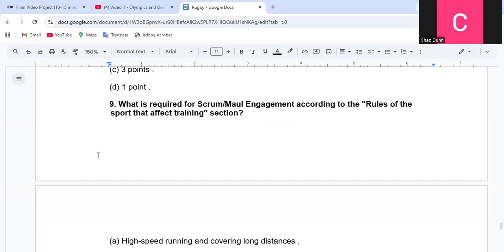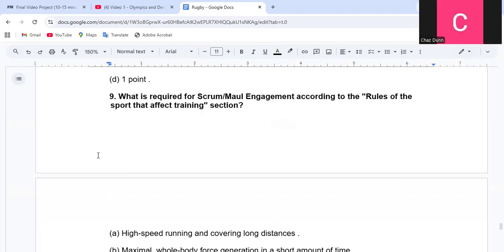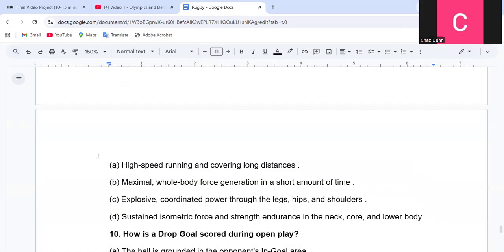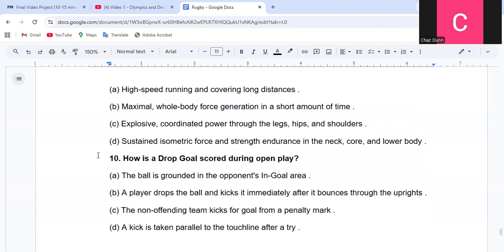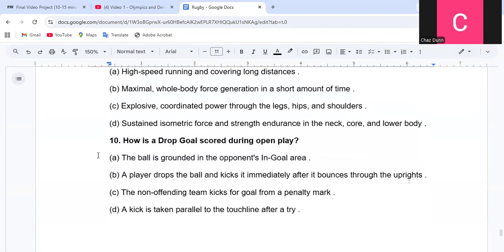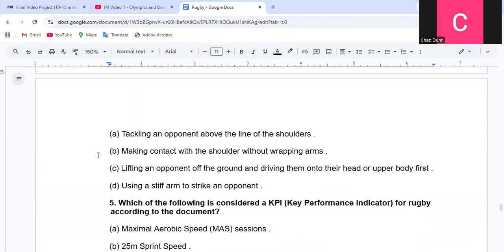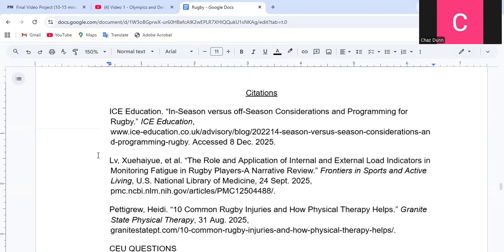What is required for a scrum or maul engagement according to the rules of the sport that affect training? How is a drop goal scored during open play? Those are 10 questions for CEU. You will reference the previous document to help you answer these questions.